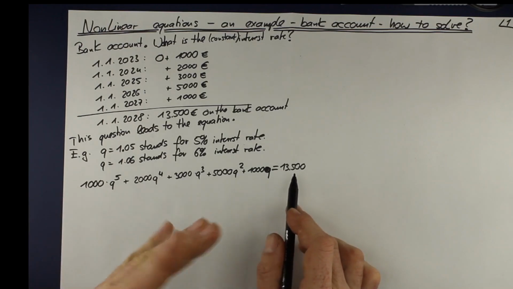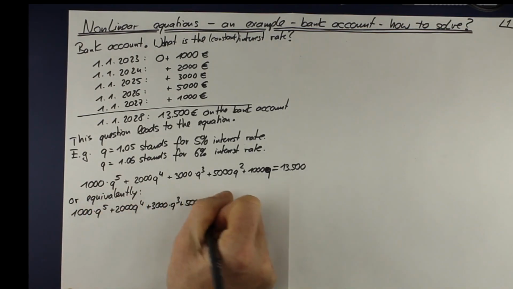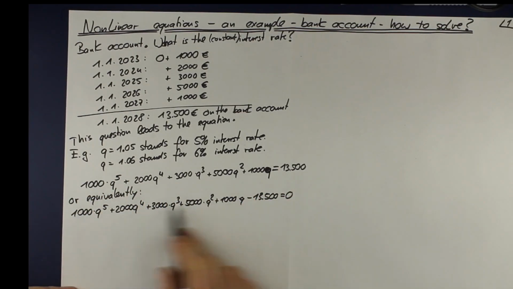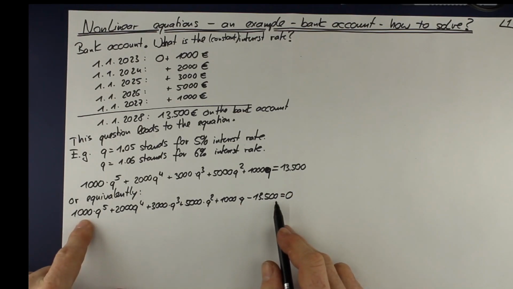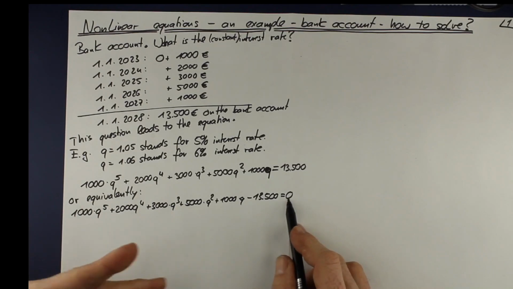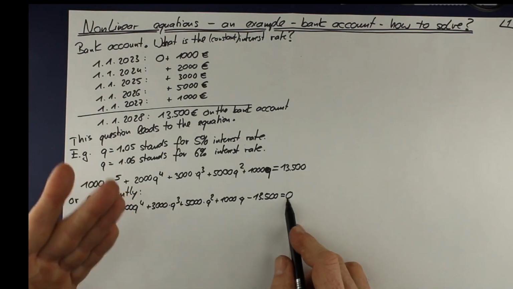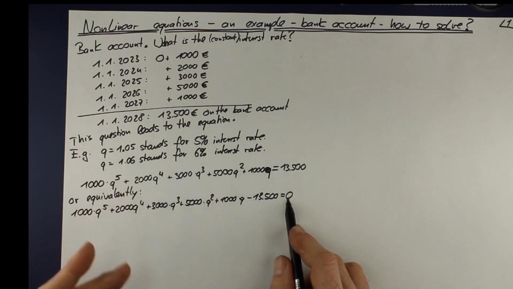We can reformulate a little, and we get this equation. This is a polynomial of degree 5, and we are looking for the root. So in this case there's only one positive real root, and this is the one we are interested in.